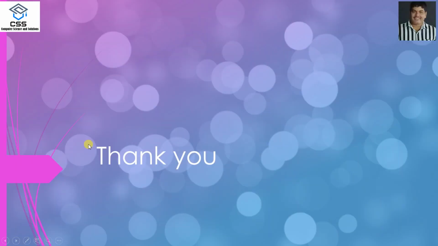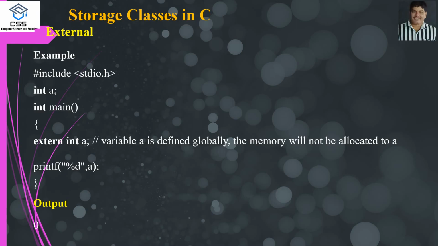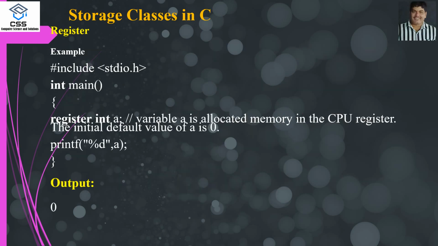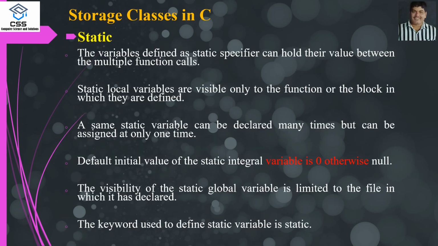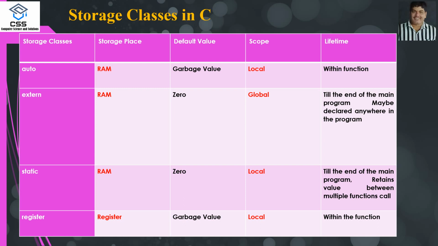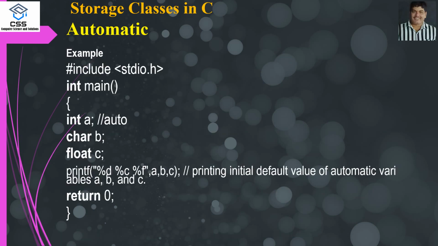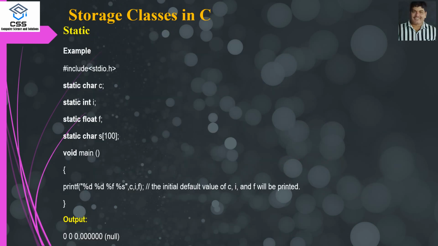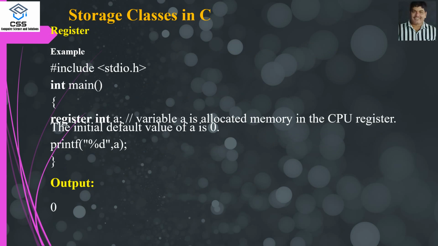In today's session, we have clarified the essentials of all storage class specifiers, which include the automatic, external, static, and register storage class specifiers. In the next class, we are going to discuss some important things in the C programming language.